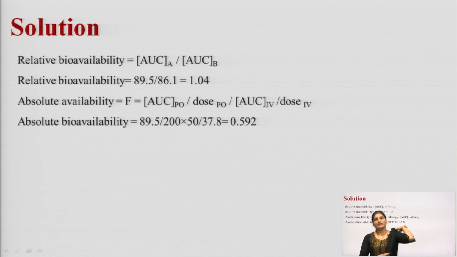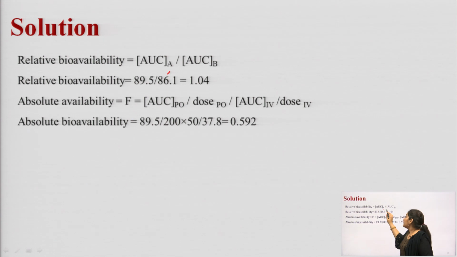Relative bioavailability will be equal to the area under curve of A dosage form, that is the area under curve in case of oral tablet, divided by area under curve in case of oral solution. The values we have got in the table: the value of area under curve of A formulation is 89.5 and for B is 86.1.